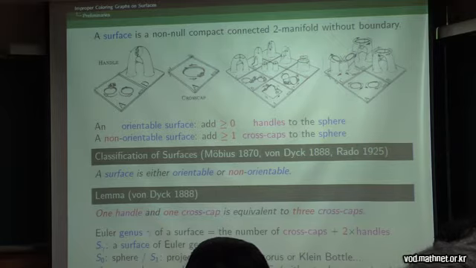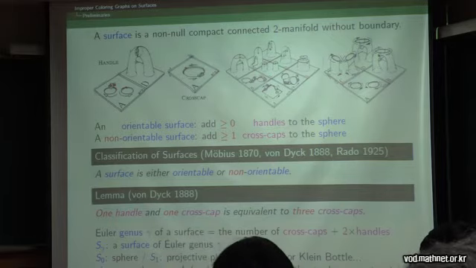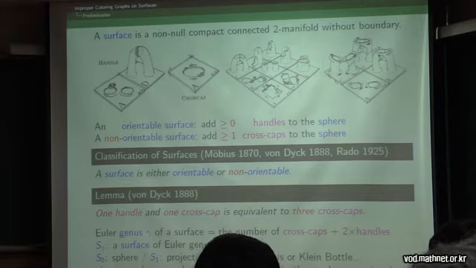And the projective plane has Euler genus 1 because you've only added 1 crosscap. And the torus has Euler genus 2 because you've added 1 handle, and for 1 handle, the Euler genus increases by 2. But also, the Klein bottle has Euler genus 2 because you've added 2 crosscaps.